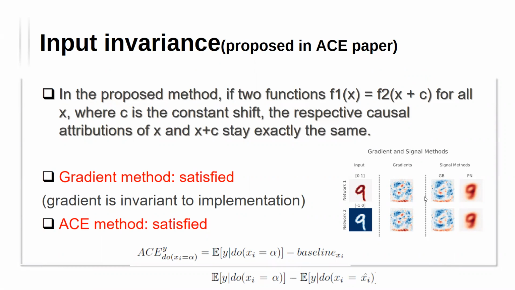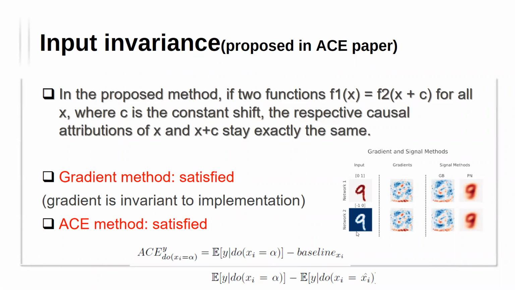But for the gradient method, for example, the input from network 1 is in the range from 0 to 1, and in network 2 they subtract a constant shift of -1, so the range is from -1 to 0.